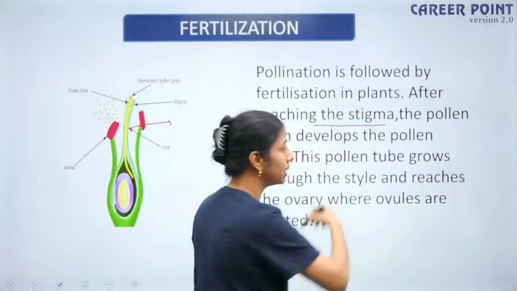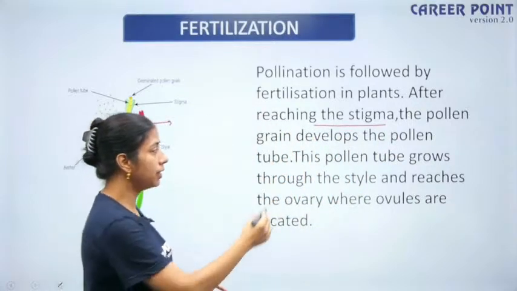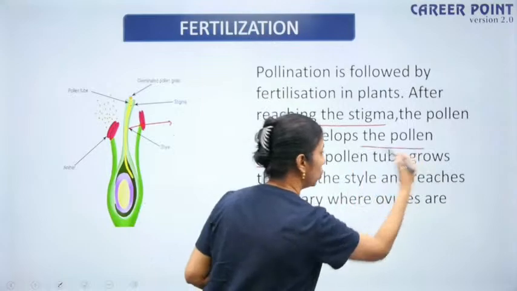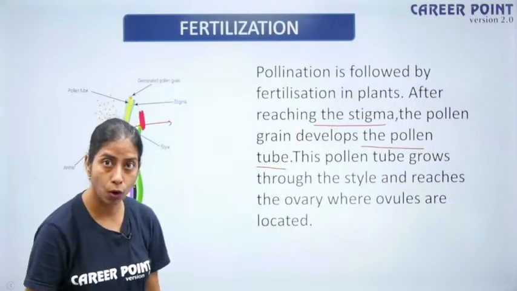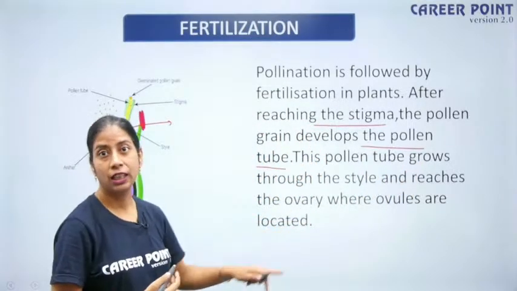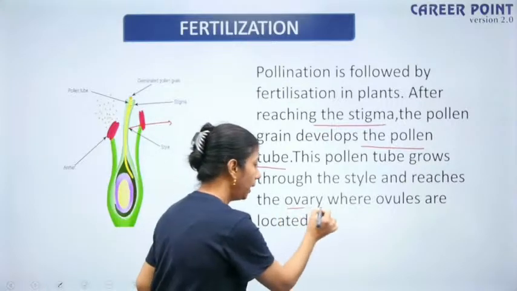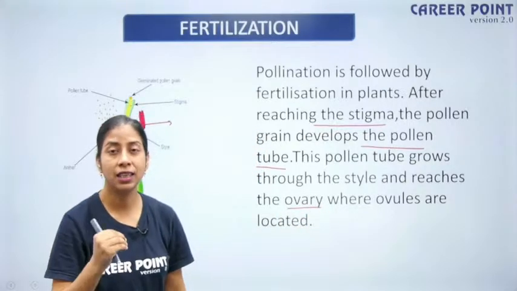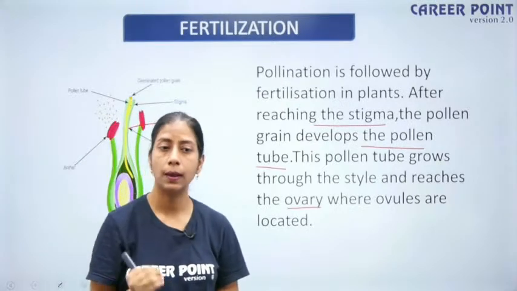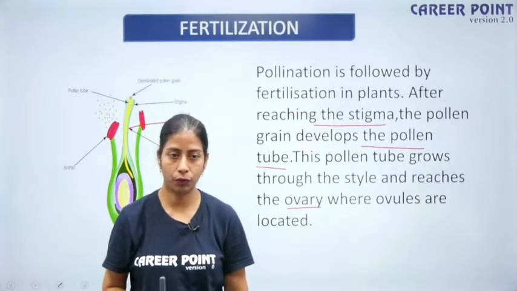And once the pollen reaches the stigma, there is a development of pollen tube, and the pollen tube grows and reaches near to the ovary here, and it reaches near to the ovules present in the ovary.